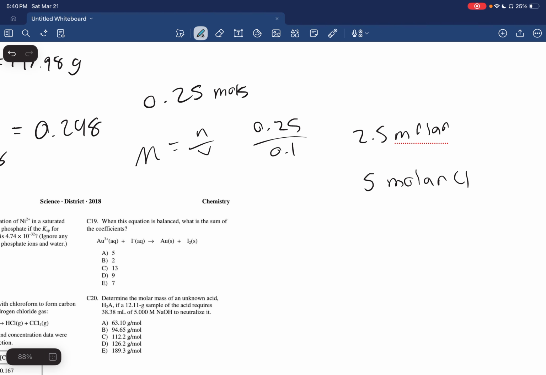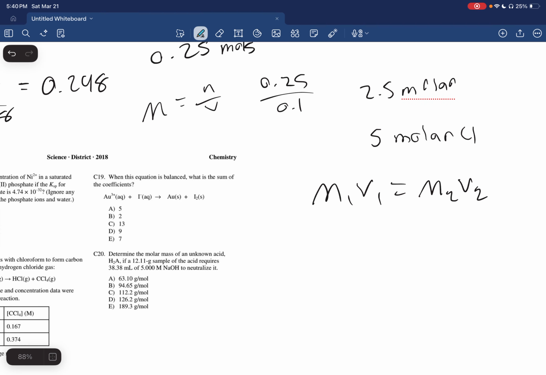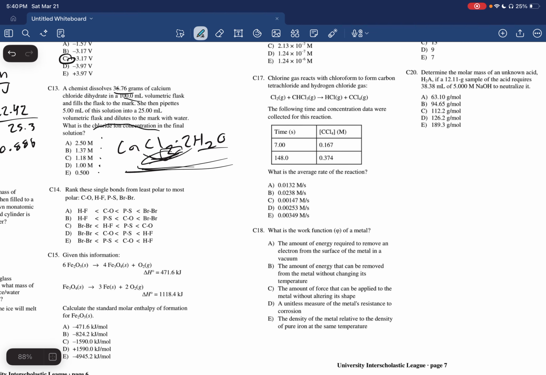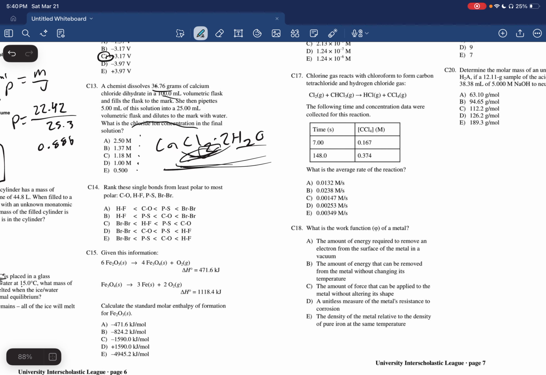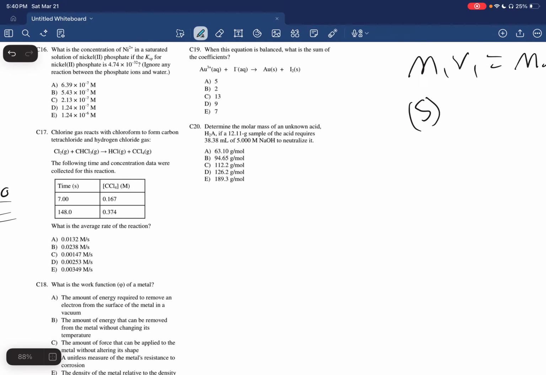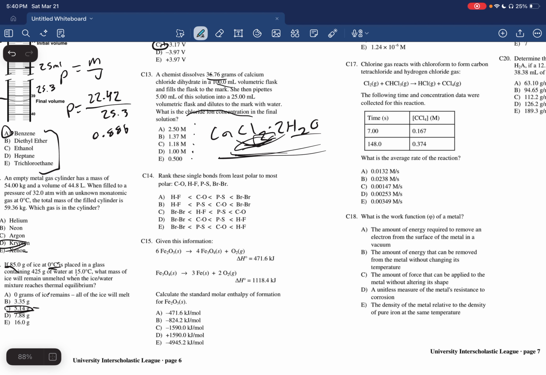And now we need to do the dilution, and so we can set M1 V1 equal to M2 V2. And now we just need to solve this, and when we do that, we will get 5 times our volume, which was 0.1, I believe. So do 0.1 must equal 0.25.